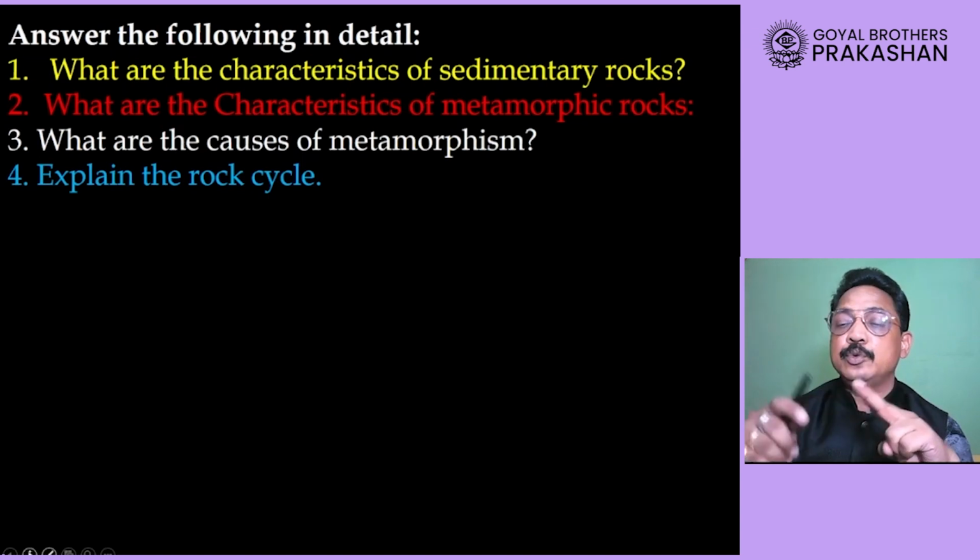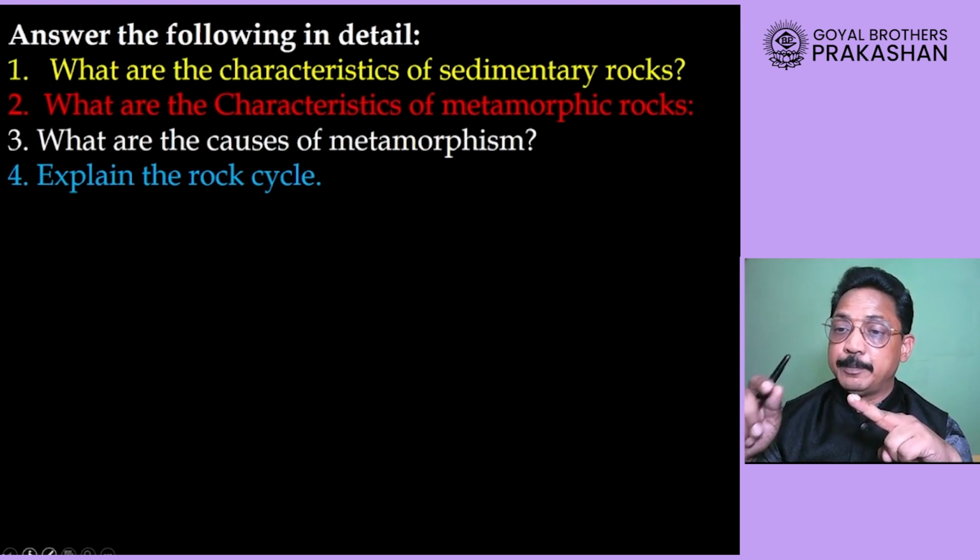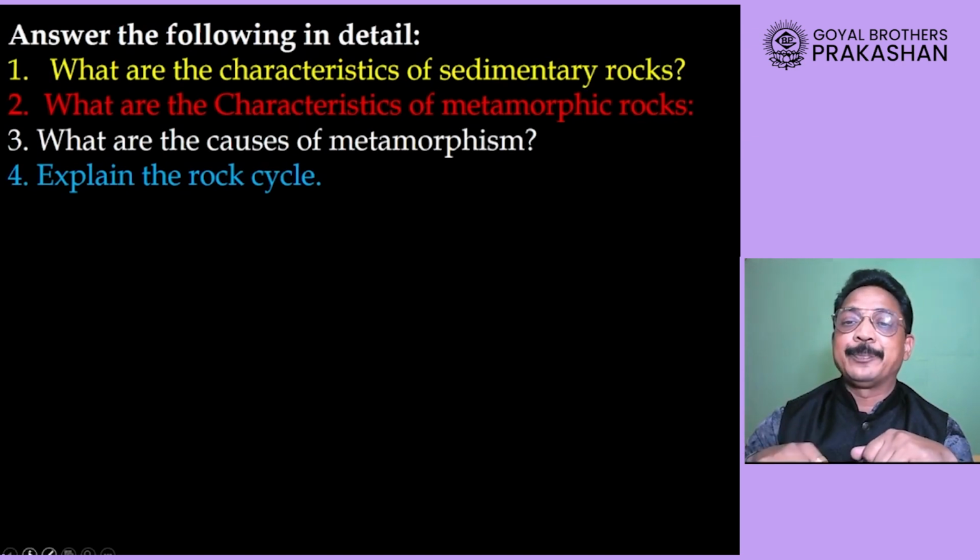Point number 2: they are formed because of heat and pressure of the earth. Point number 3: these rocks are very hard and resistant to erosion. Point number 4: because these rocks are very hard, we use them for building construction.